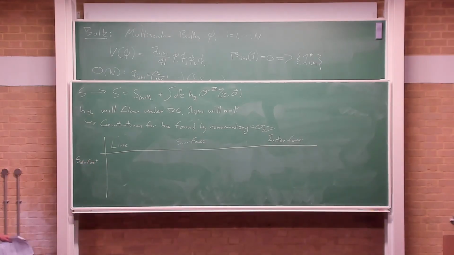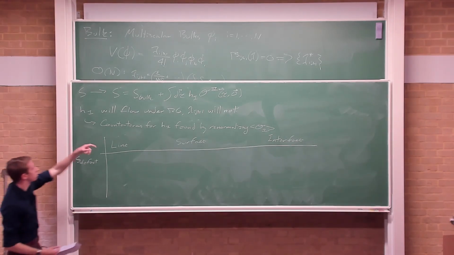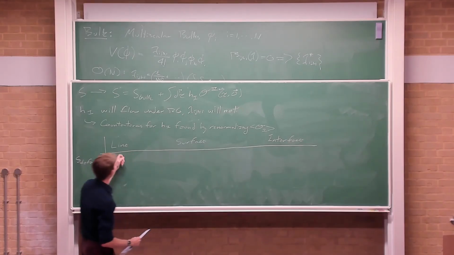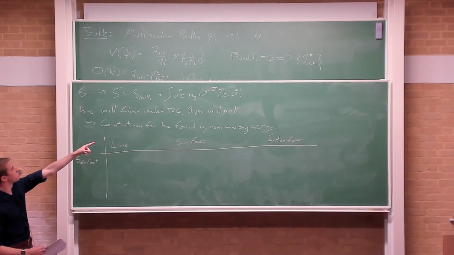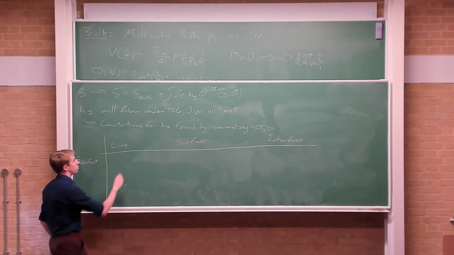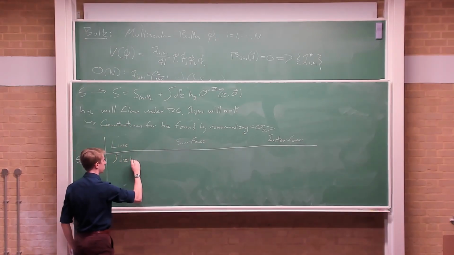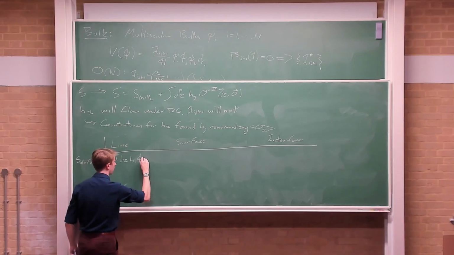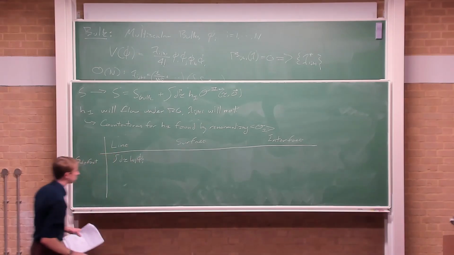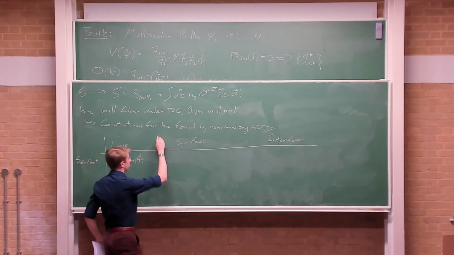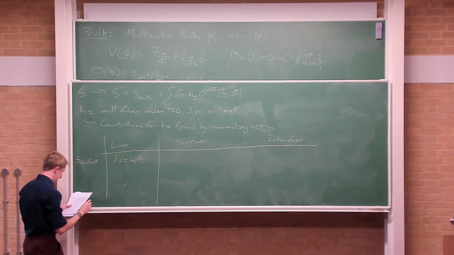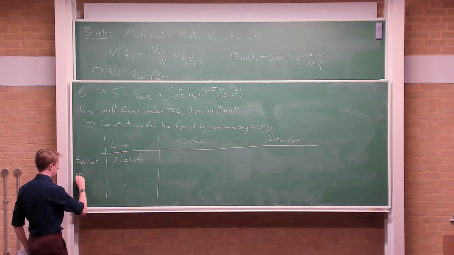So for the line, again, we're working in just scalar models, so we can construct these operators out of these scalar fields. p is 1, so we want an operator which is classically dimension 1, which is just the field itself. So this will just be the integral d tau h_i phi^i. That's straightforward.